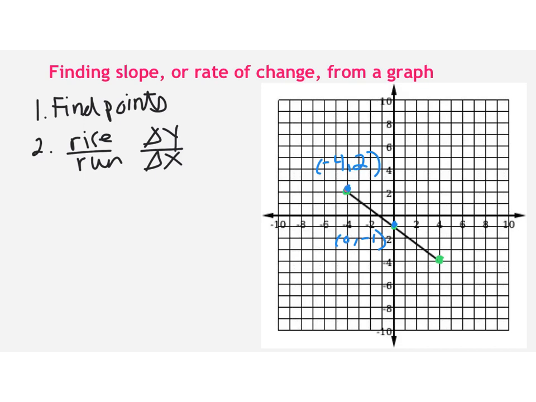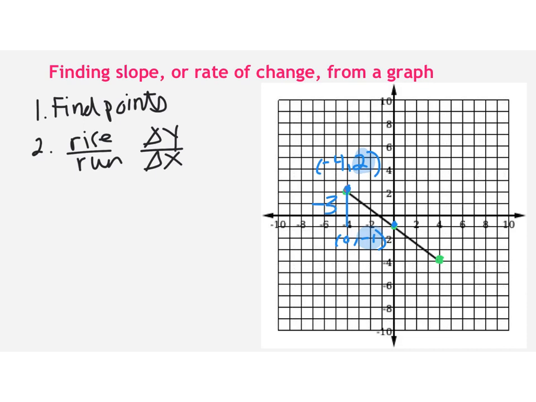All right, so let's look at this as the change in y over the change in x. So my first y value is at 2. My second y value is at -1. So we're looking at what's that vertical distance from this point to this point. So I would go down 1, 2, 3. And notice that the difference between 2 and -1 is also -3. So my rise is -3 because I'm going down.